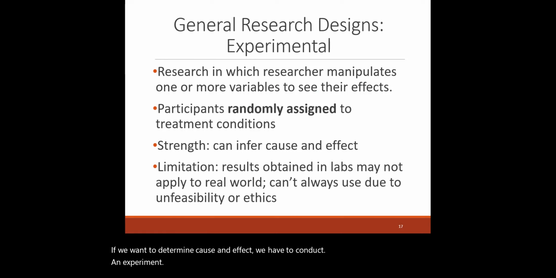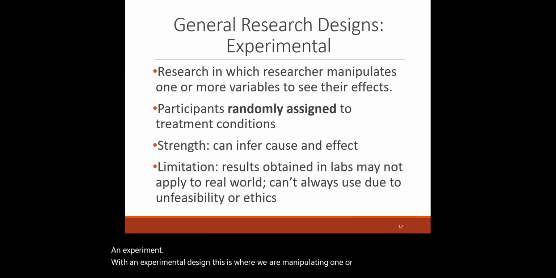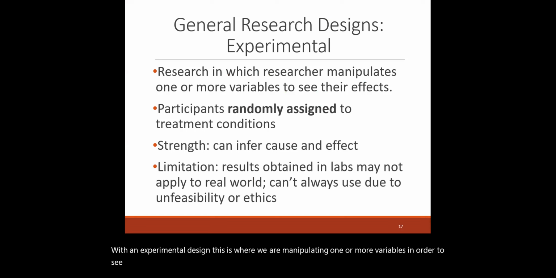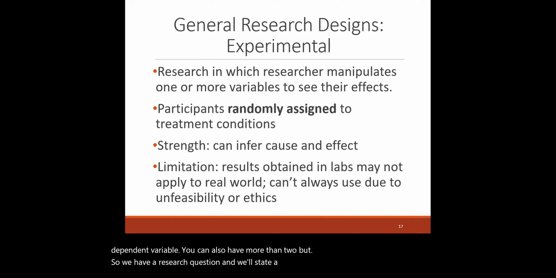So with an experimental design, we are manipulating one or more variables in order to see their effect on another variable. We designate these variables the independent and the dependent variable. You can also have more than two, but so we have a research question, we'll state a hypothesis or a prediction.